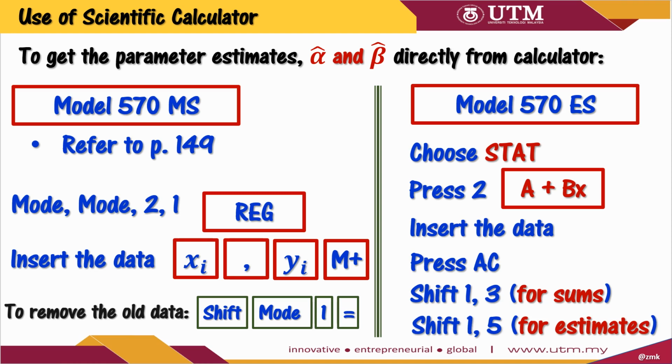Back to Model 570MS, you can follow the next slides for more information, whereas for other more advanced calculator models, I would suggest you to look at your calculator manual or watch YouTube videos on how to perform a simple linear regression using your advanced calculator.